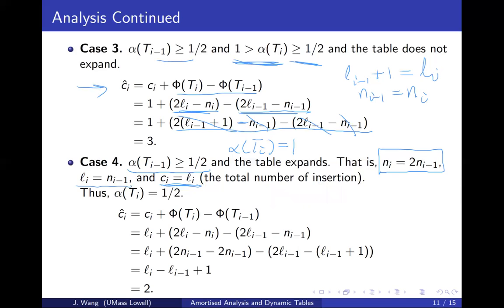That's easiest to see how the potential function for this dynamic table would look.